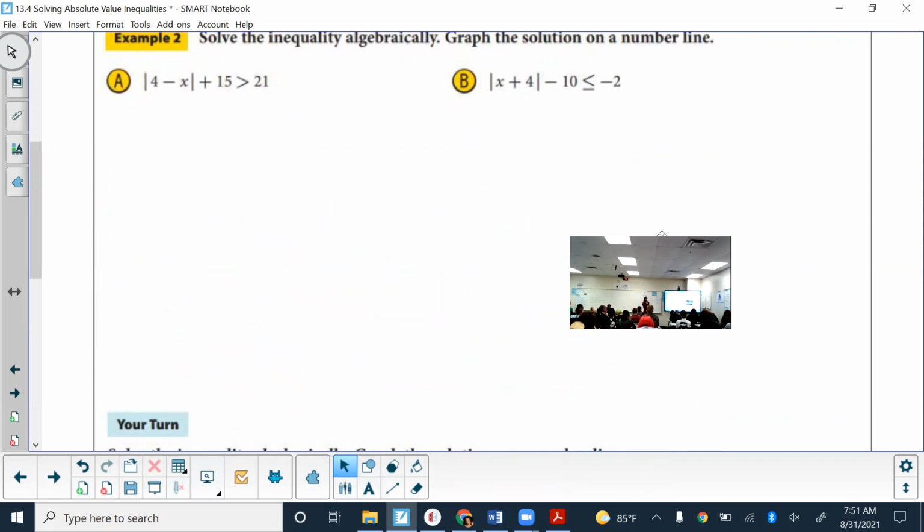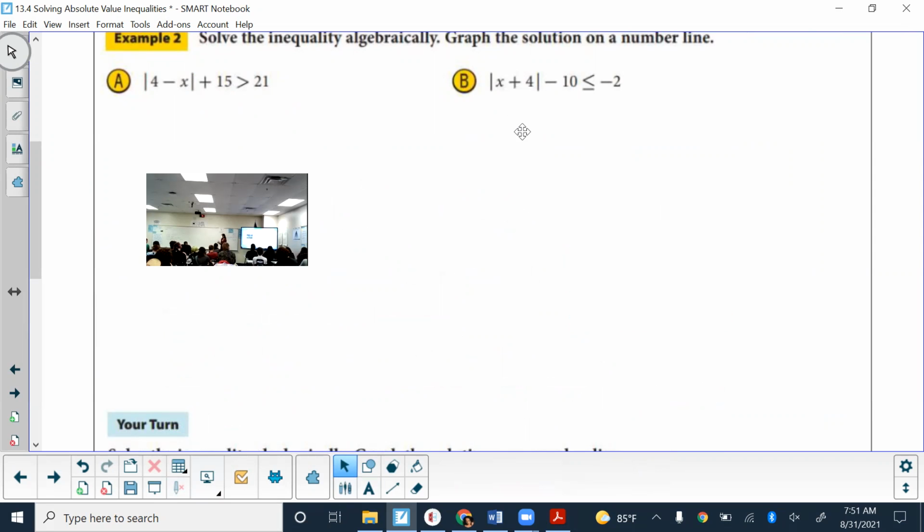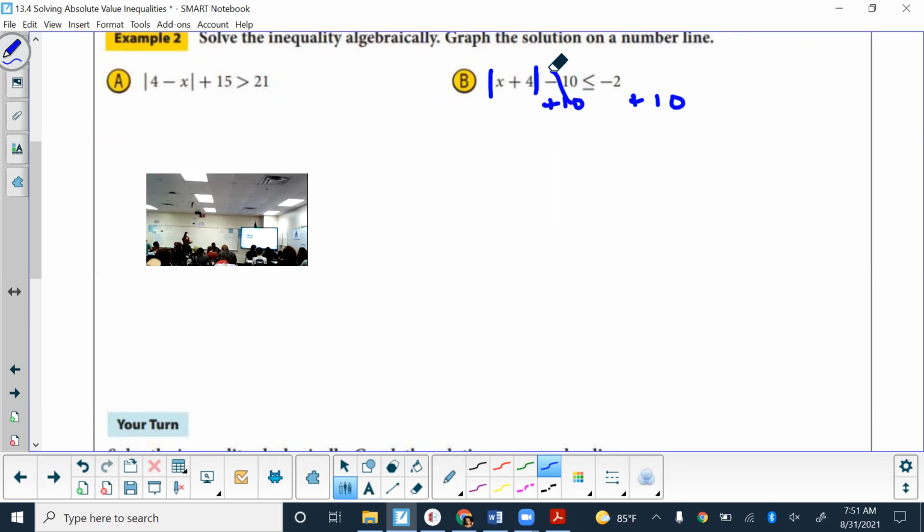Looking at B on the top of your note sheet, are the bars isolated? No, there's stuff on the outside of it that needs to go away. So how do I get rid of that -10? We're going to add it to both sides. Do I need to flip the sign when I add something to both sides? No. Just checking to make sure that we know.